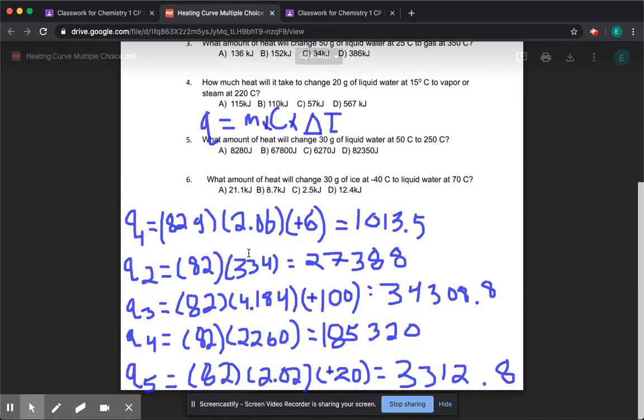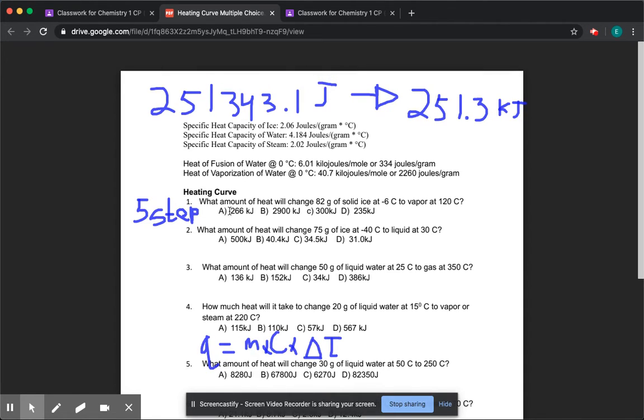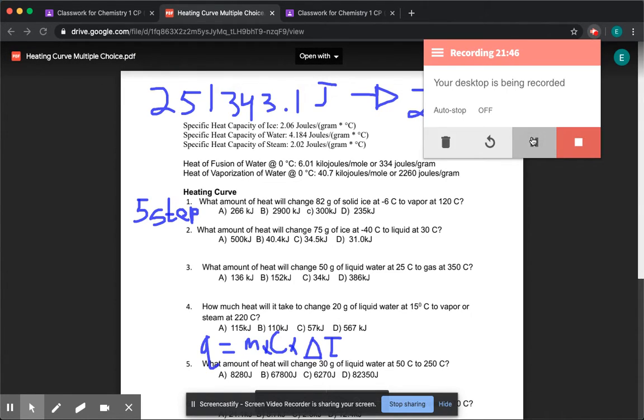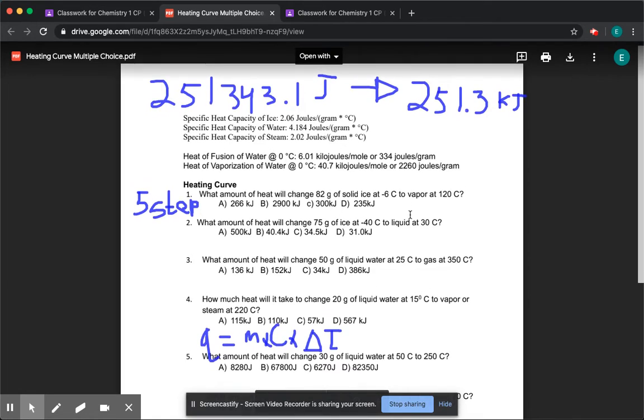Now, let me see if I can find. This is how you do the problem, but from what I see here, the number I got does not match any of the numbers here. Let me see if I made an error somewhere. I'm going to pause this video and see if I can find my error. Okay, well, I double and triple checked and I don't see where my mistake was.